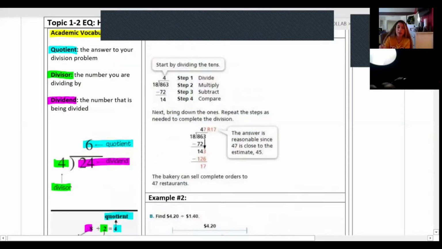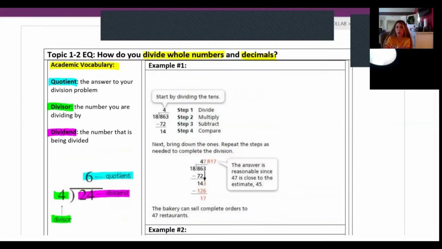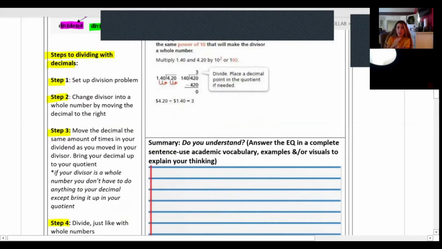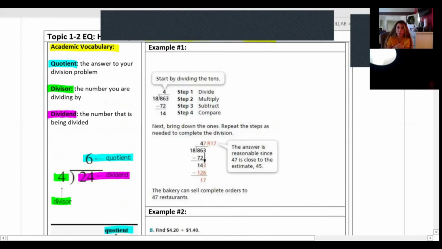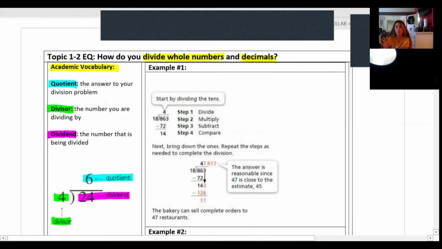All right, let's jump over to example number 1. We're not going to keep looking further down on the left-hand side of our notes because we want to do a review of what we should have learned last year with long division. So we're going to set up our division problem with our house.